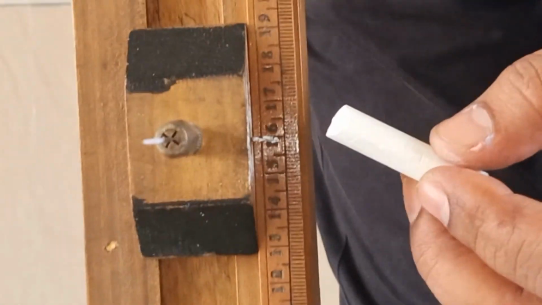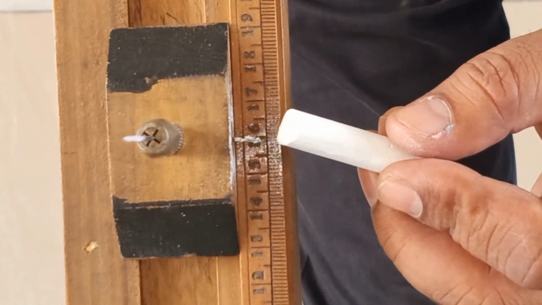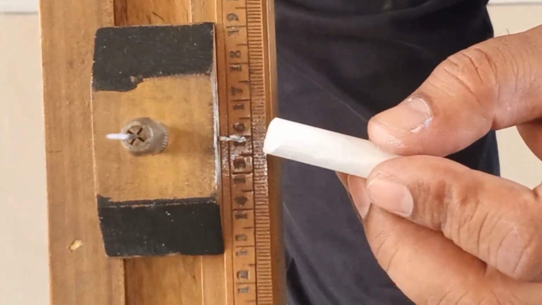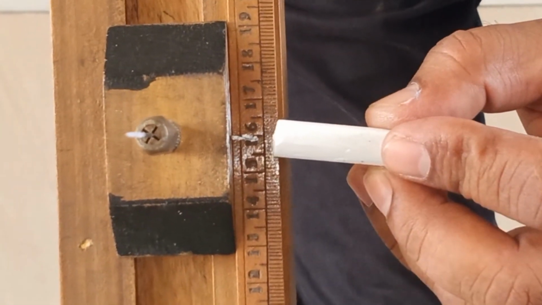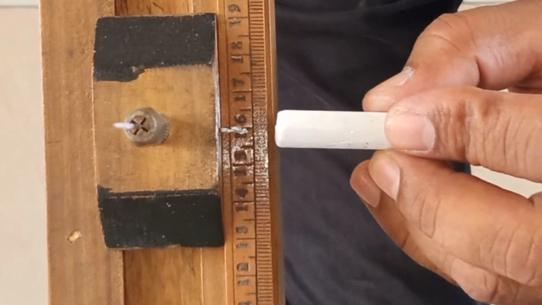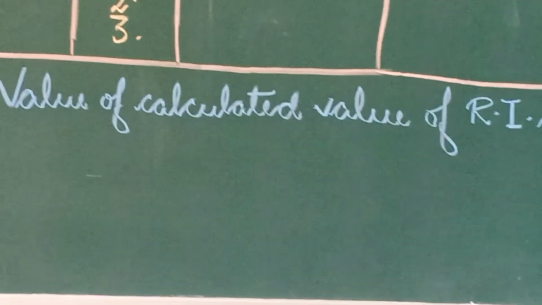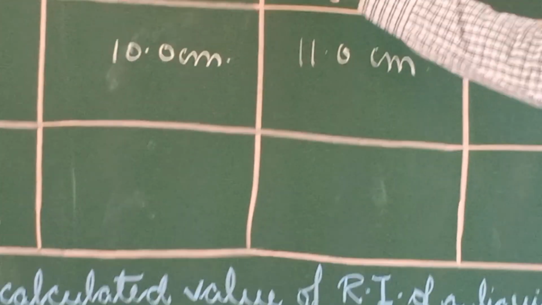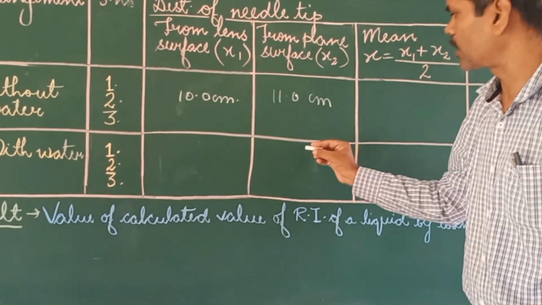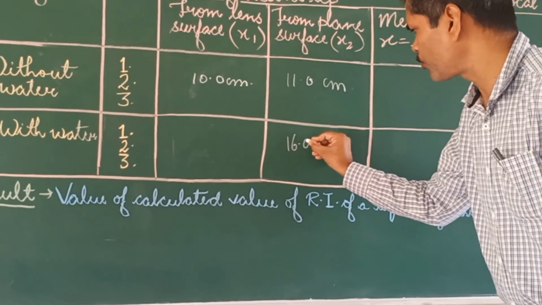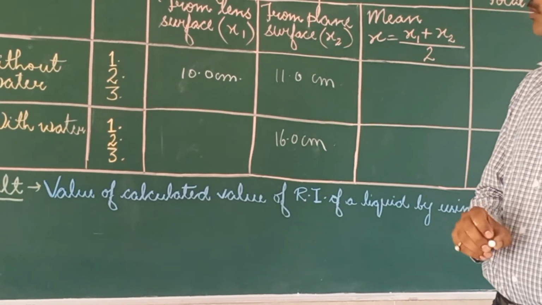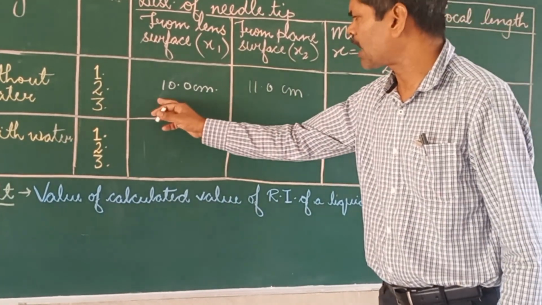This is, I think, 16 exactly. This is 16. See here. Now I am going to write down the position of the needle tip from the plane surface. This is 16.0.